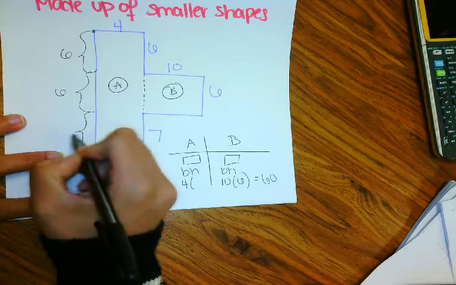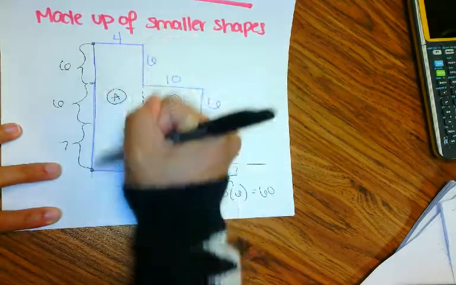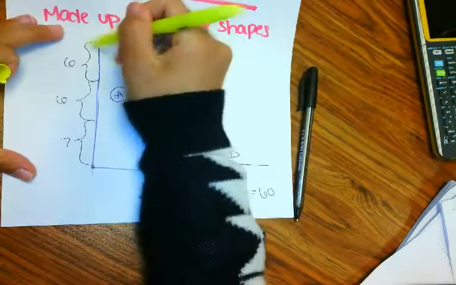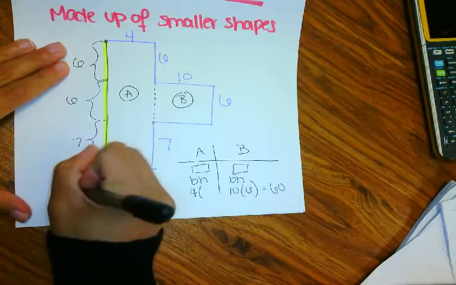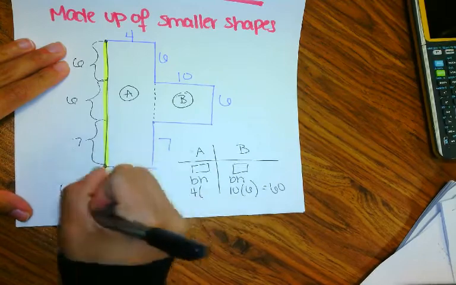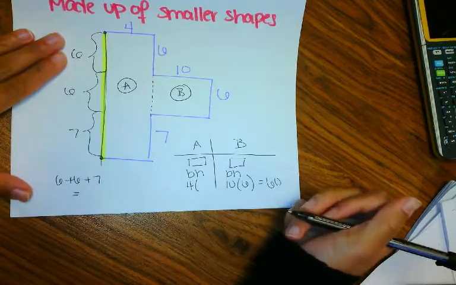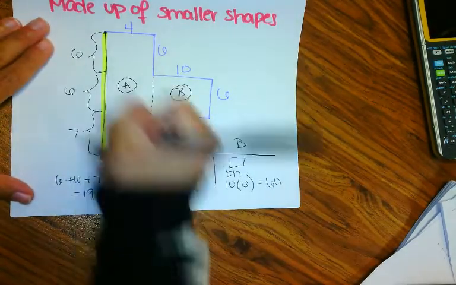So the whole side is 6 plus 6 plus 7, which equals what? Hopefully you said 19.